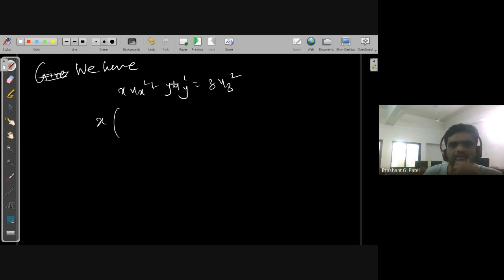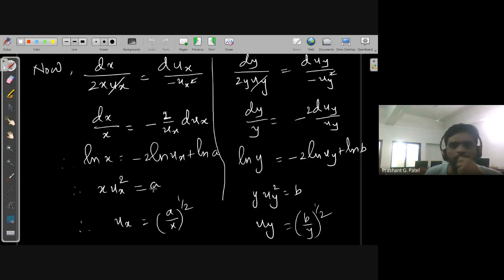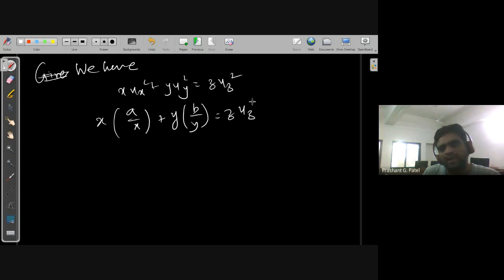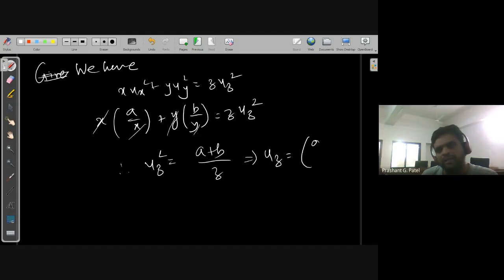So x ux square we have already obtained, that is a by x, plus y into b by y is equal to z uz square. x will get cancelled out, y will get cancelled, so you will have uz square is (a plus b) by z. So that will imply uz is ((a plus b) by z) whole raised to 1 by 2.